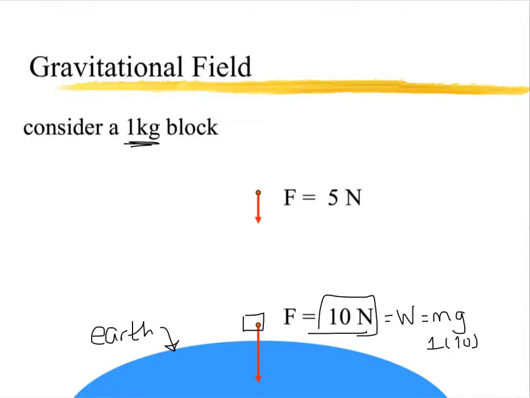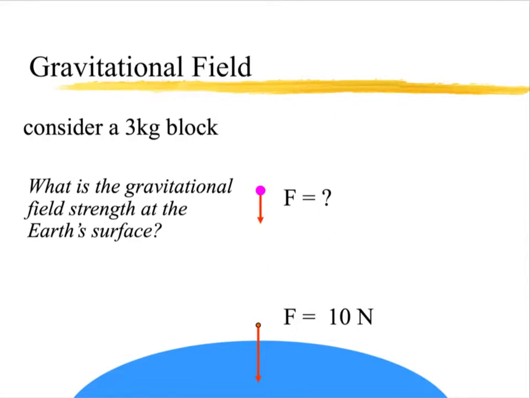And we know that as we get further and further away from the Earth, the force on that 1 kilogram block will become less and less because the gravity becomes weaker and weaker as we get further and further away from the center of mass of the Earth.